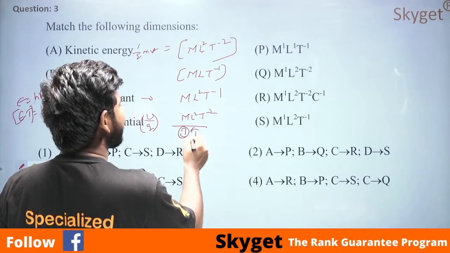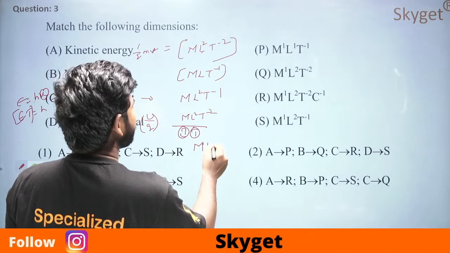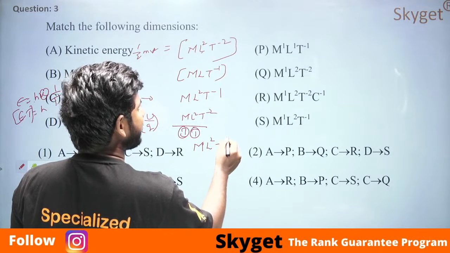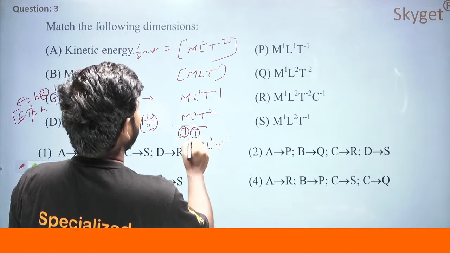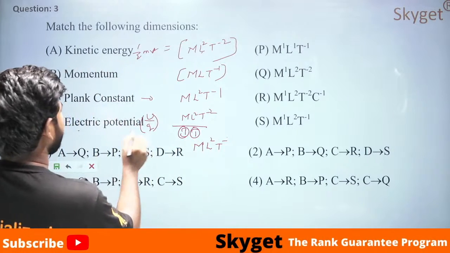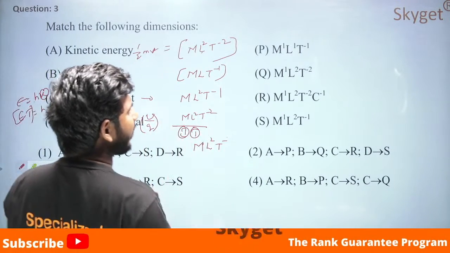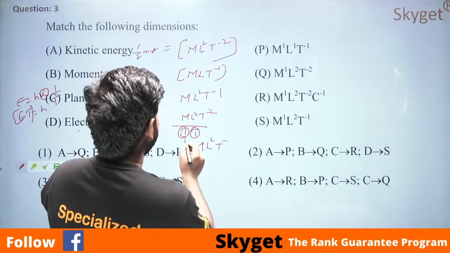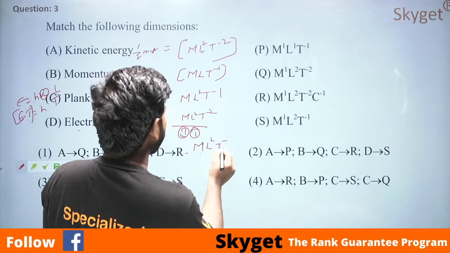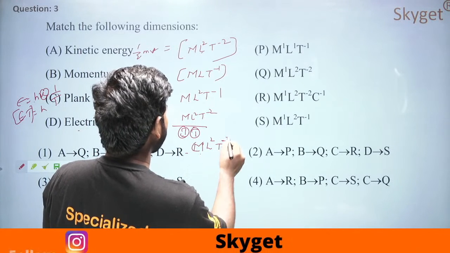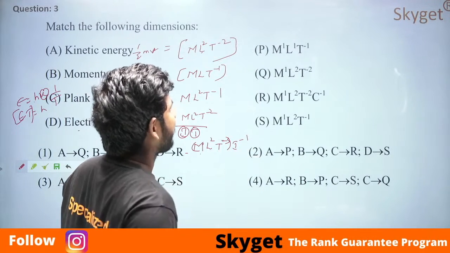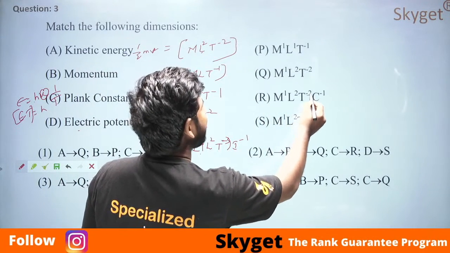I is current, T is time. So M L square T power minus 3. Potential is energy, M L square T power minus 2, divided by I T, that T power minus 3 we can write with I power minus 1. So this will be M L square T power minus 3 I power minus 1, students.